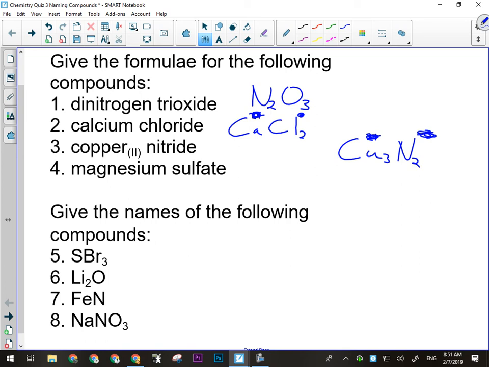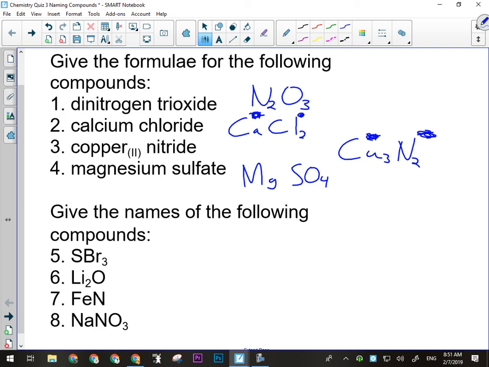Okay, and question number 4, magnesium is a metal, so again, this is an ionic compound. Okay, so we've got Mg, and we've got sulfate, which is a polyatomic ion. So we had to look in our table of polyatomic ions for that one. It's SO4. Okay, guys, anytime something ends in anything other than "ide," if it's ite, ate, something like that, it's a polyatomic ion, right?